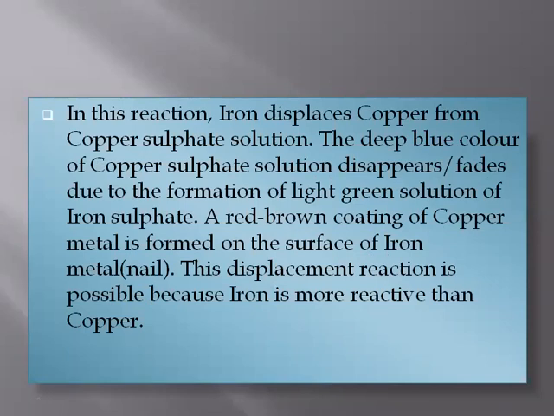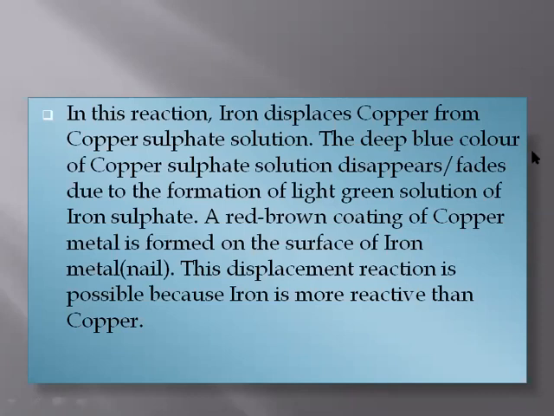Every reactive element is capable of displacing a less reactive element from its compound. To identify the reactivity of elements, we have a series of elements, a vertical arrangement where the top elements are highly reactive, the middle elements are moderately reactive, and the bottommost elements are the least reactive.